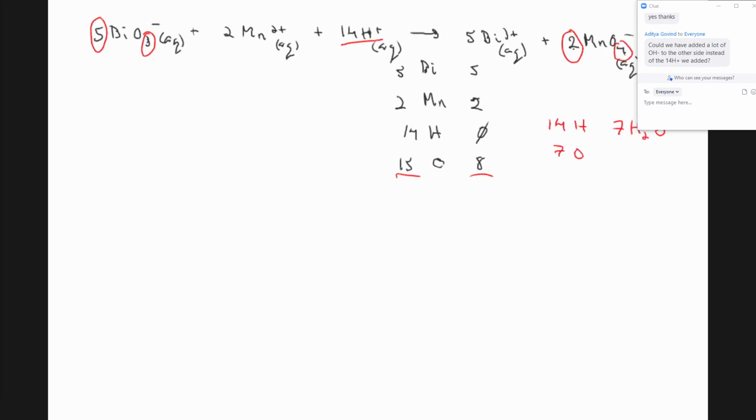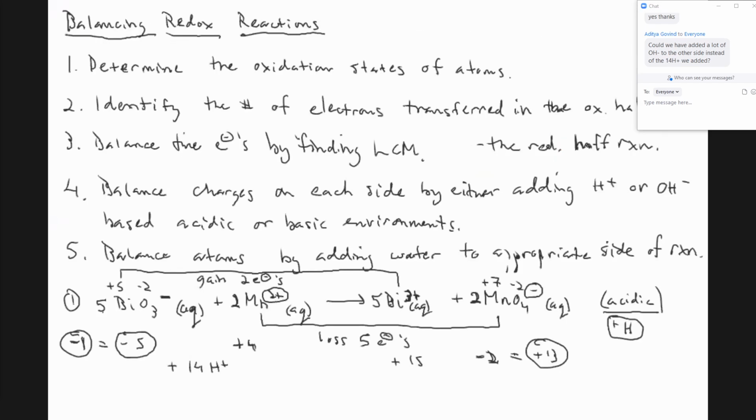Sorry, there was a question about why we need to count electrons and can't just balance normally. Because with redox, you need to make sure that the number of electrons transferred is correct. That's why we did step 3, going back over here. Step 3 was super important to balance the number of electrons.